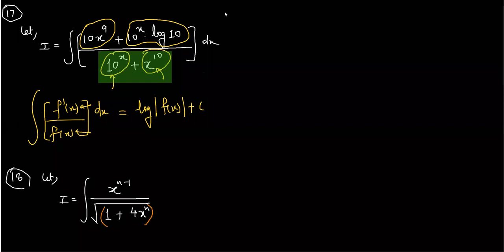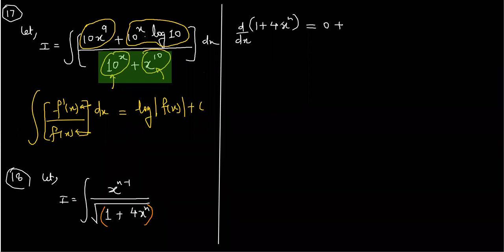I will differentiate the denominator, and when I do that, see what I get. I differentiate the content of the square root. When I say I differentiate, I differentiate the content of the root. Don't differentiate with the square root. So when I differentiate 1 plus 4x raised to n, I get the derivative of 1 is 0, plus 4 is a constant, and I differentiate x raised to n, which is n into x raised to n minus 1.